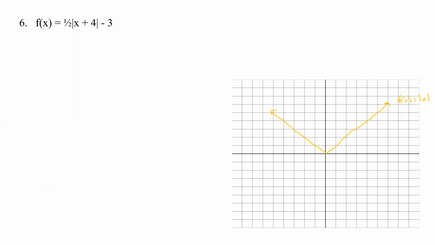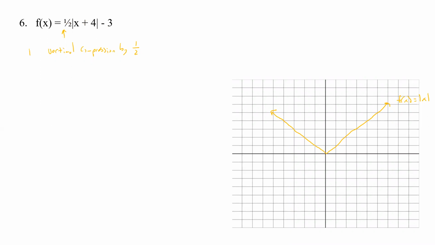Now on this one, we have some options to do. First, we have to do this, so that's going to be a vertical compression by 1/2, because that's going to be our A, and so we just multiply our output by 1/2.